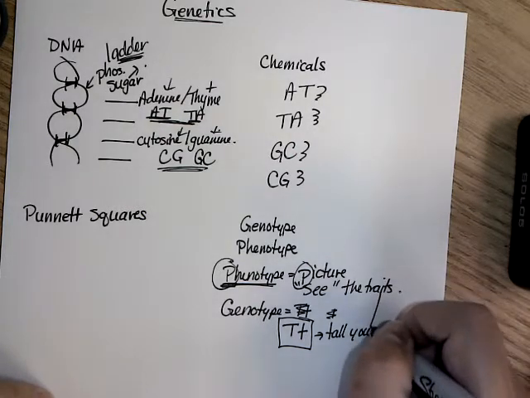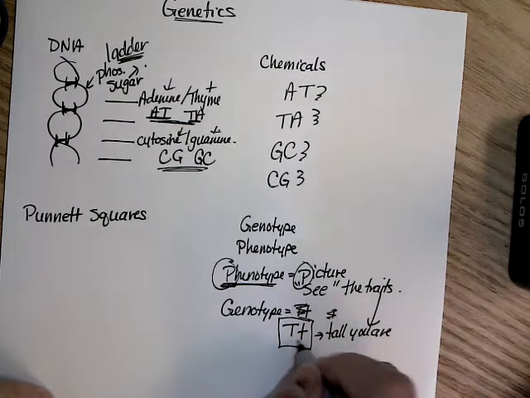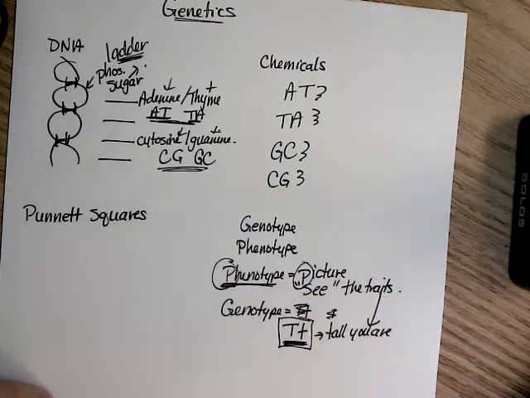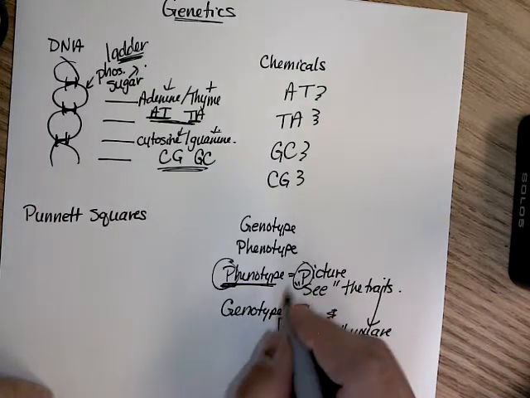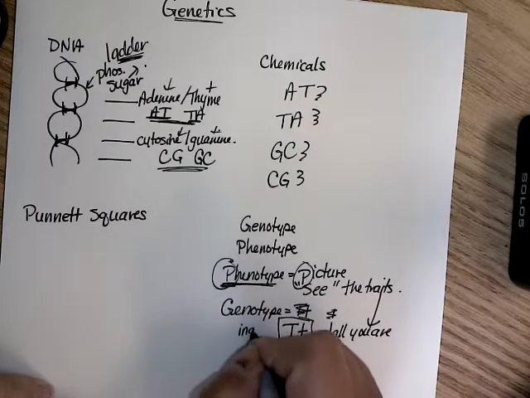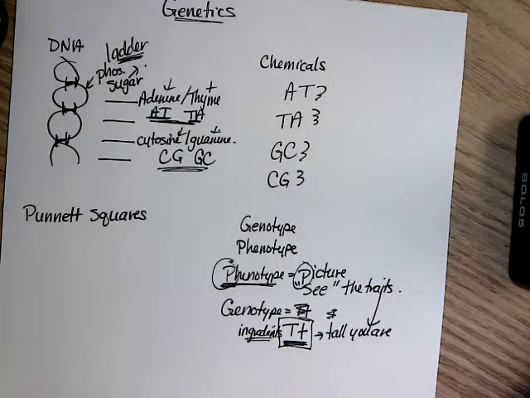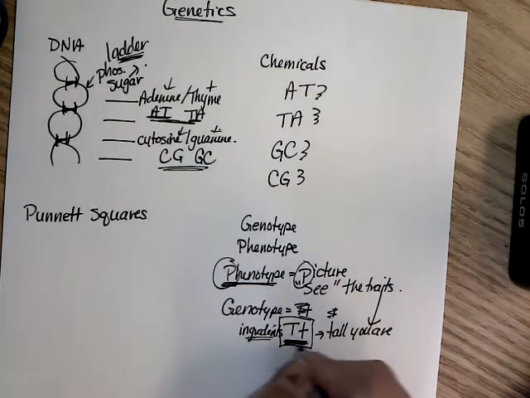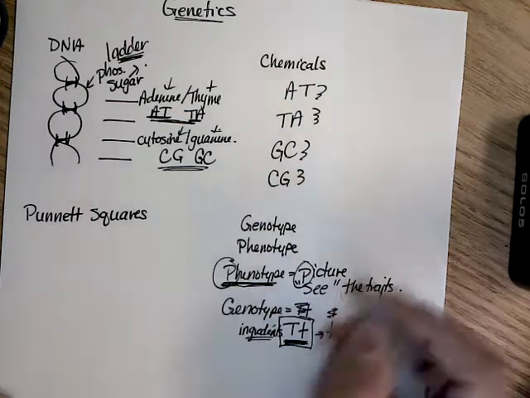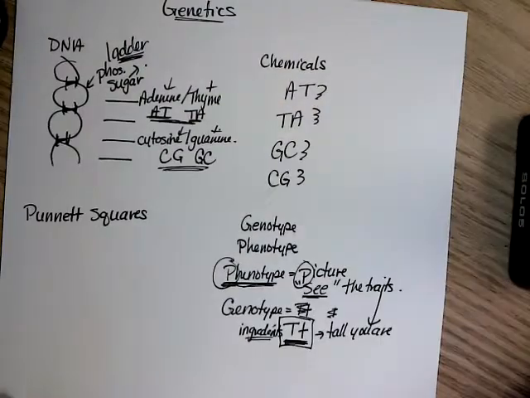Now, I can see how tall you are, but I cannot see the code that makes you the height that you are. So your genotype are your ingredients. What makes you you? It's the coding. The phenotype is what you actually see.